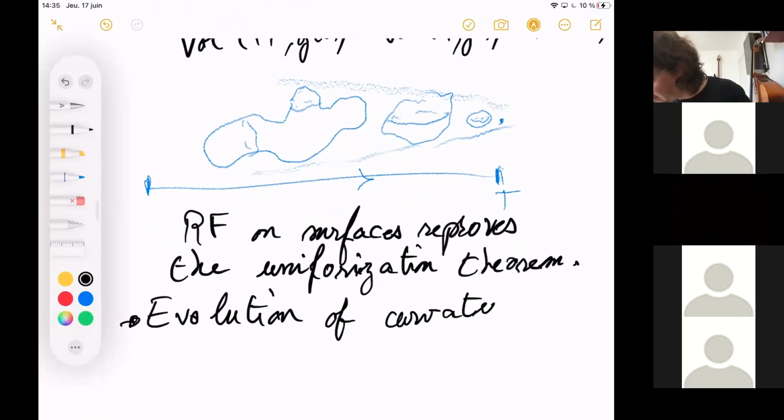Let me look. I think in the first lecture I talked about the Chow and Knopf book. There is also Chow, Lu, and Ni, and you can look at the computation here of evolution of geometric quantities.